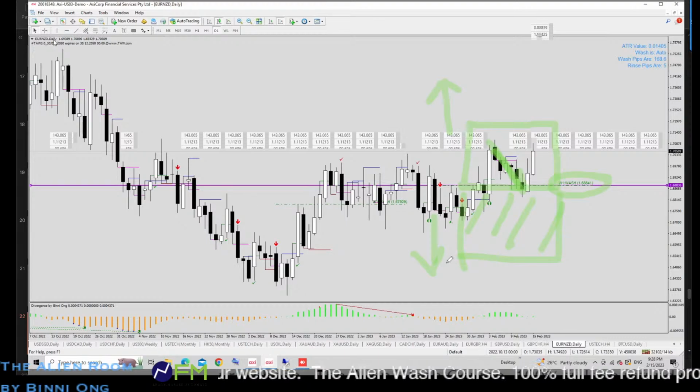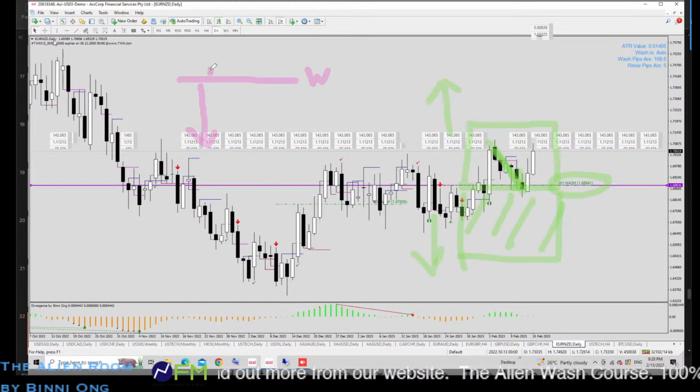Likewise, let's say for example I have a magenta line here, a magenta weak wash line. Anything that's below it is going to be bearish.